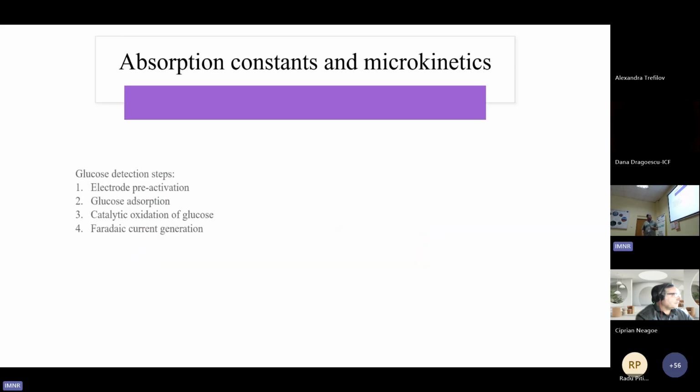For microkinetics, first of all, I want to talk about the detection steps, which are electrode reactivation, glucose adsorption, catalytic oxidation, and Faradaic current generation.